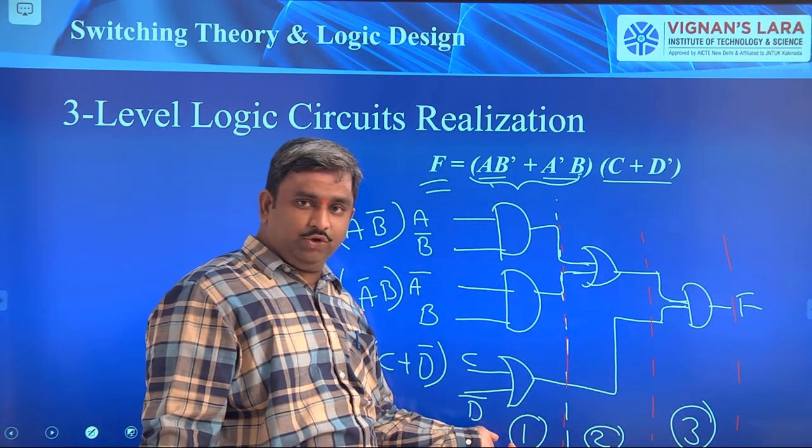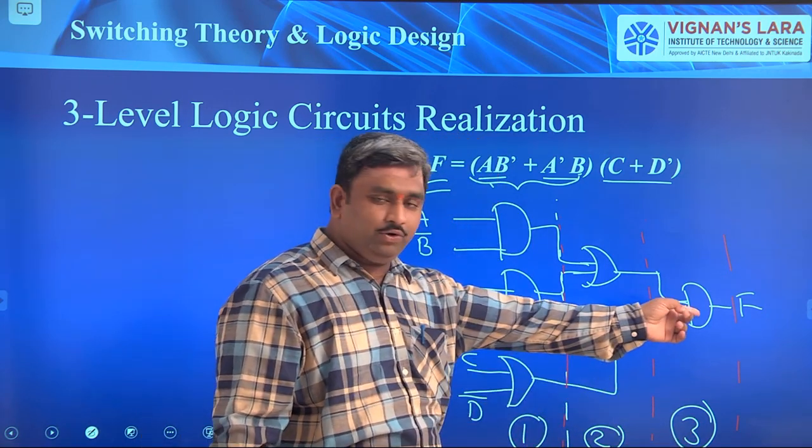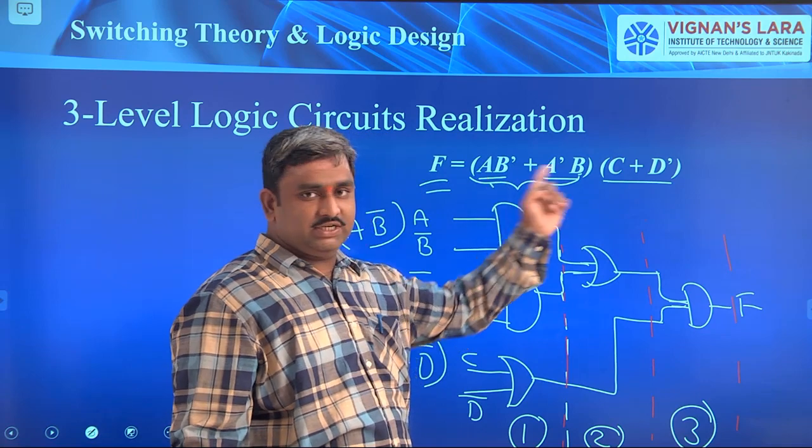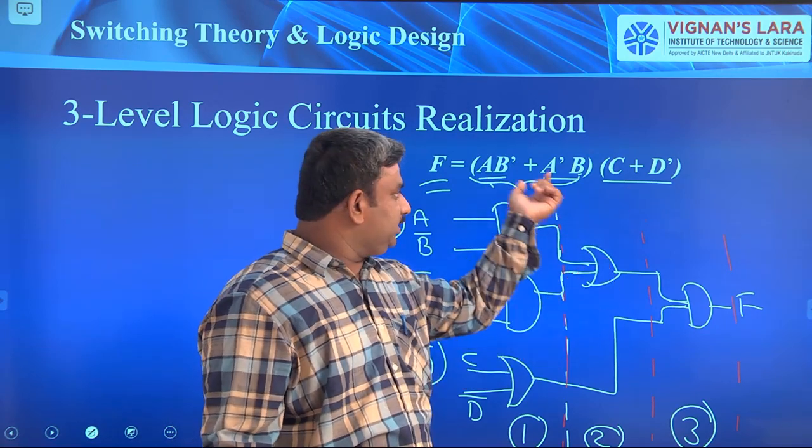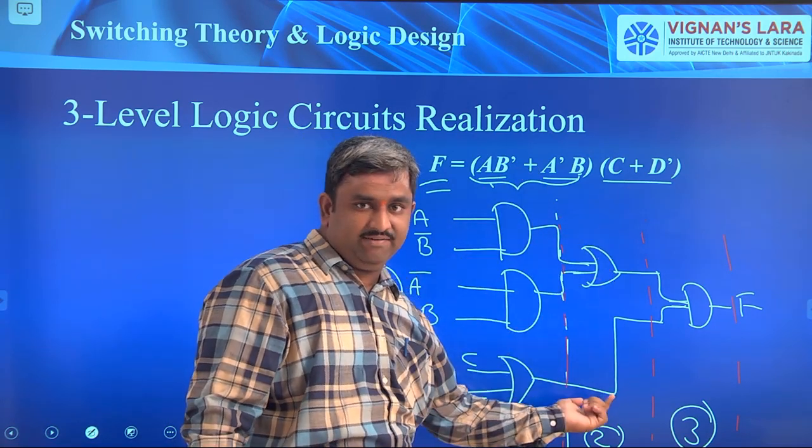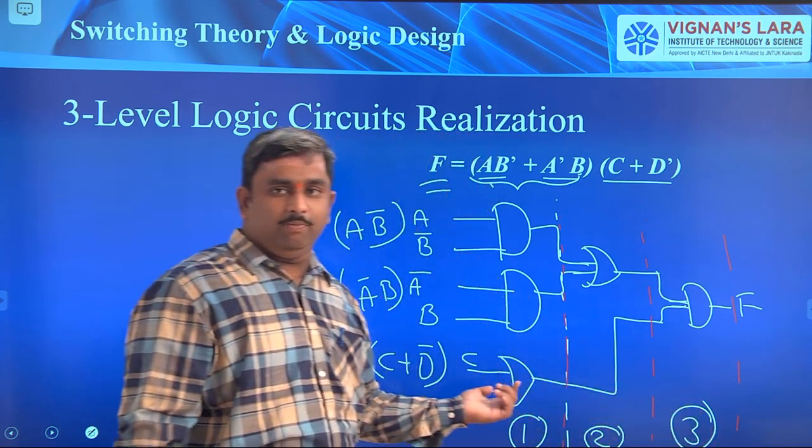In the first level, you can compute this operation. If you want to do the product operation between these first and second terms, you have to compute this sum operation. That is the second level operation, and this is the third level operation.